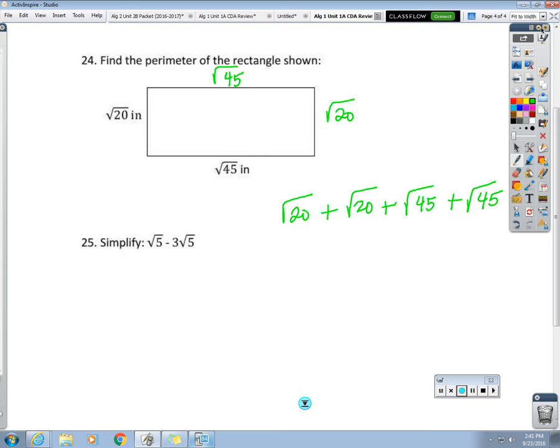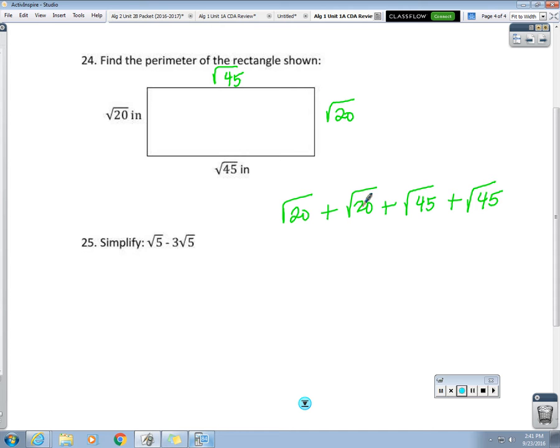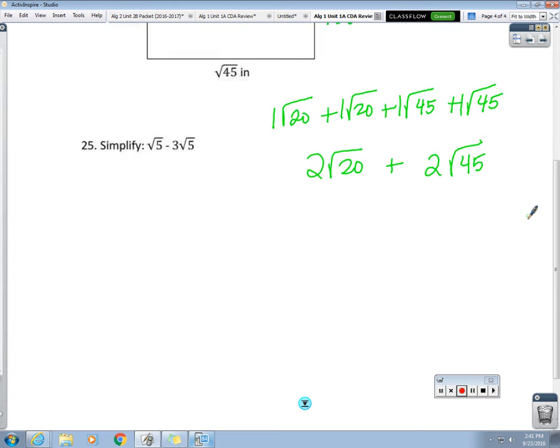No. But don't these two have the same radicand? Yeah. And isn't there an understood 1 outside of each of them? So how many square root of 20s do we have? 2. And how many square root of 45s? 2. Can you combine those? No. However, both of these can be factor treed.